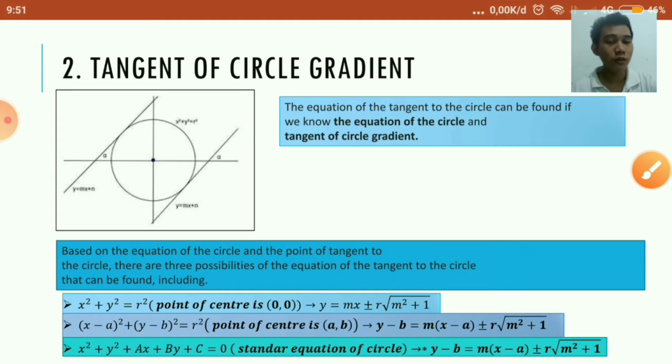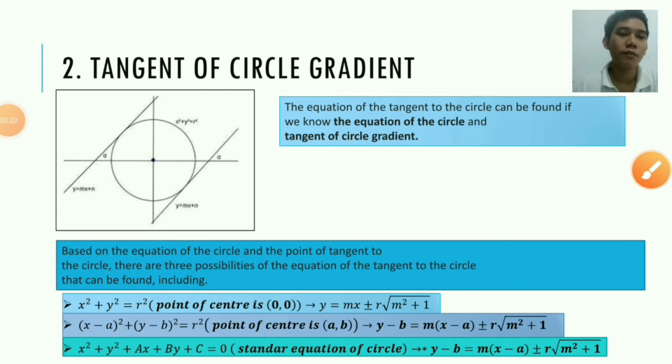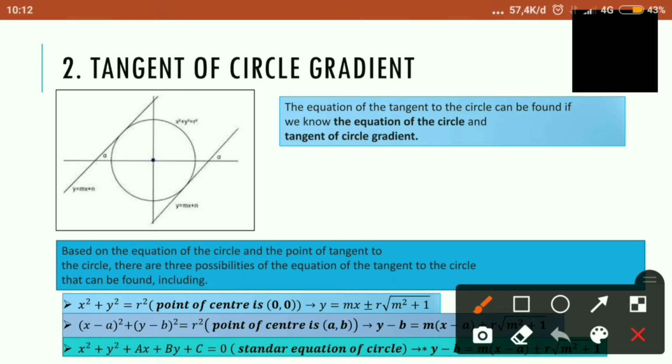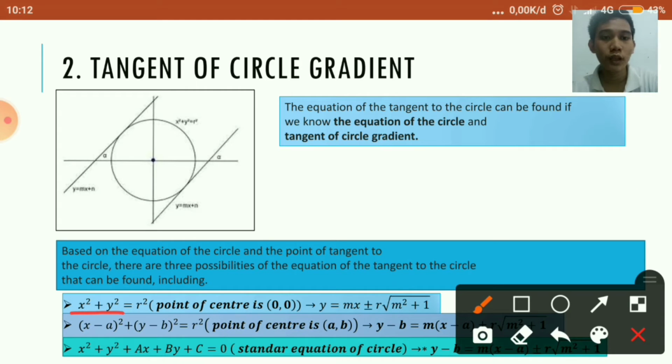Based on the equation of the circle and the gradient of the tangent, there are three possibilities of the equation of the tangent to the circle that can be found. First, if we know the equation of the circle is x squared plus y squared equals r squared, this means the circle has its center at 0, 0.